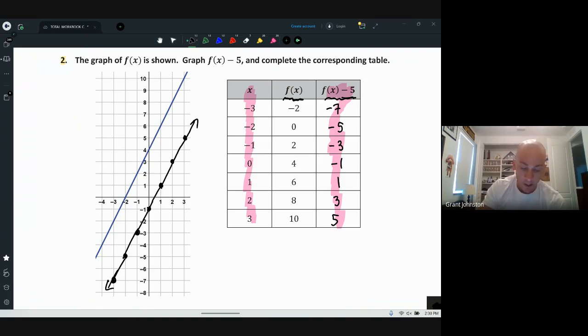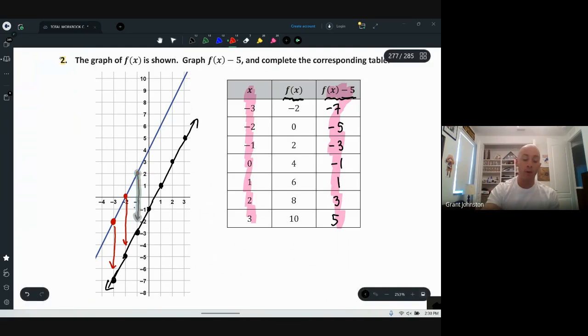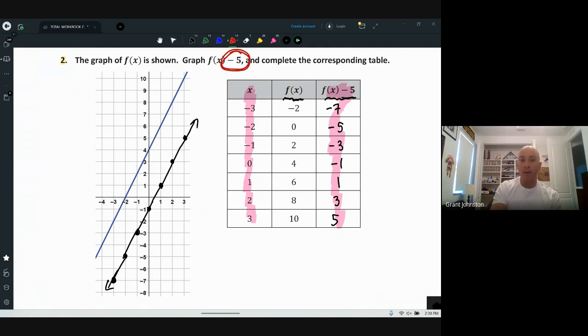So just to reiterate, basically what we're seeing here is that, look at that point, for example, it has been shifted down 5. Even this point shifted down 5. So every single point on the graph, it's just a vertical shift down 5, and that's all because of the f of x minus 5.